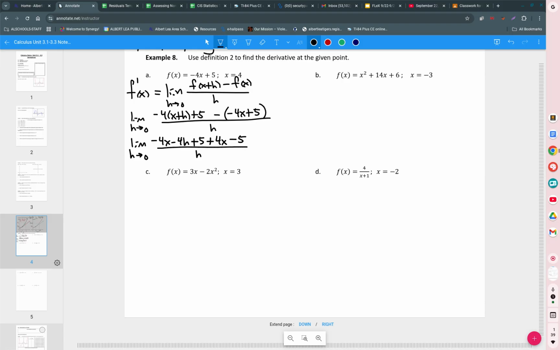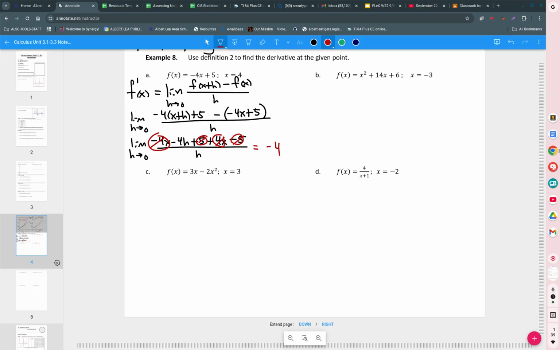What do you notice? Everything that doesn't have an h cancels. And that should happen every time. The negative 4x and the positive 4x are gone. The positive 5 and the negative 5 are gone. And negative 4h divided by h is? Negative 4.